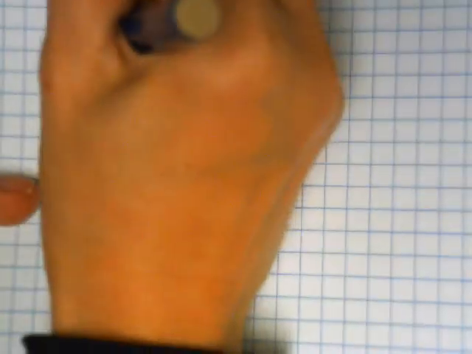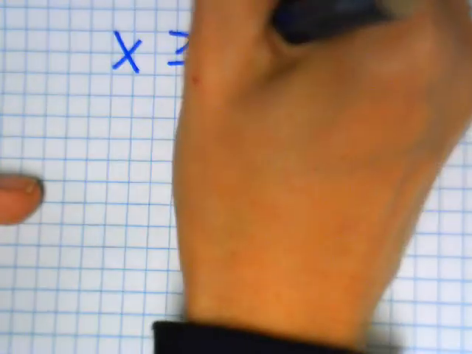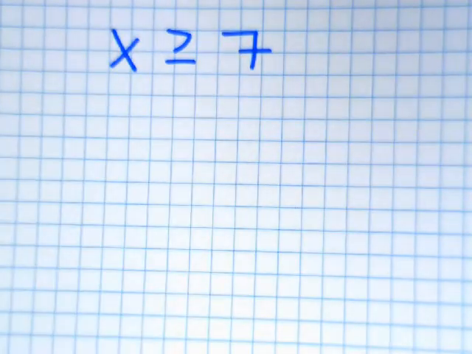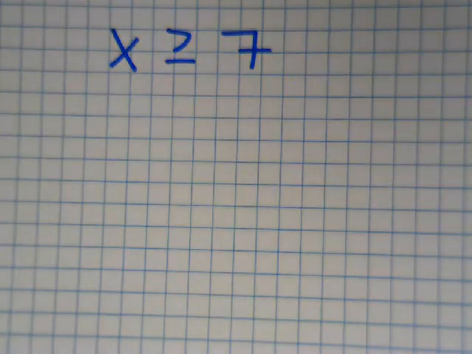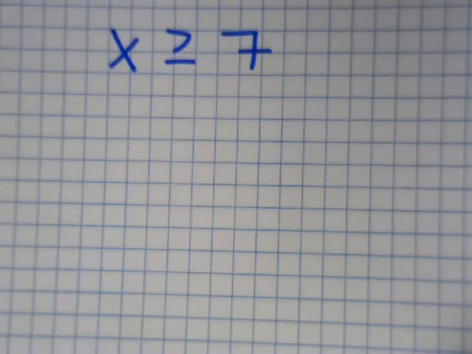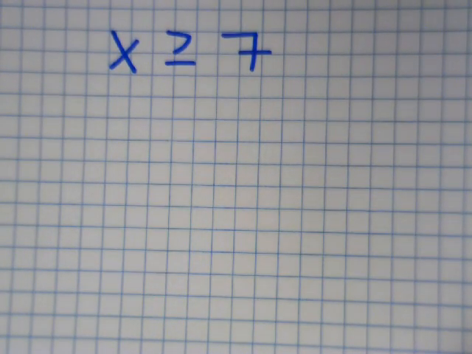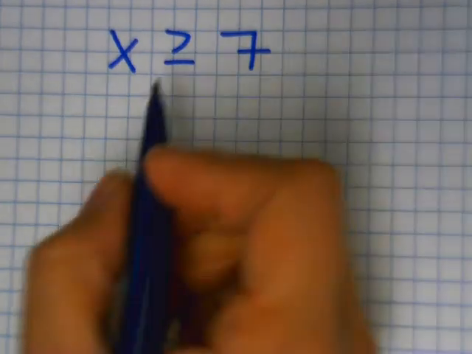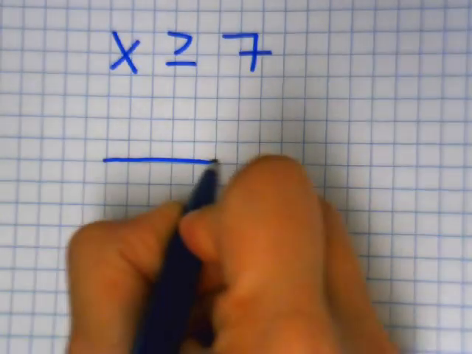Okay. Let's graph x is greater than or equal to 7. X is greater than or equal to 7. What do I start with? A graph. A number line.